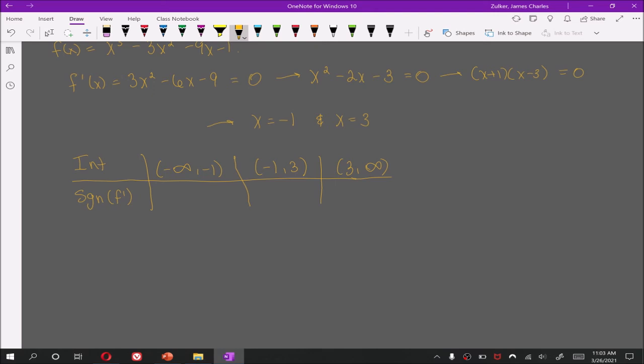Pick a value from each test interval, plug it into f prime to determine the sign. If we take negative 2 and plug it into f prime, we will get a positive value. If we take 0 and plug it in, we will get a negative value. If we take, let's say, 5 and plug it in, we will get a positive value.